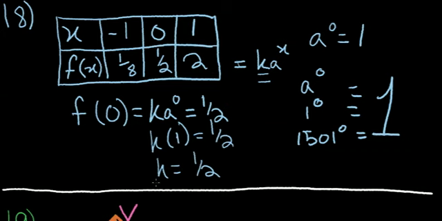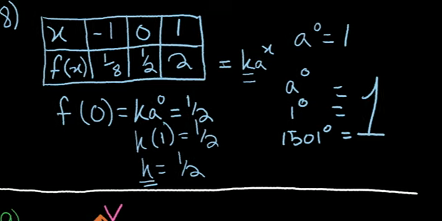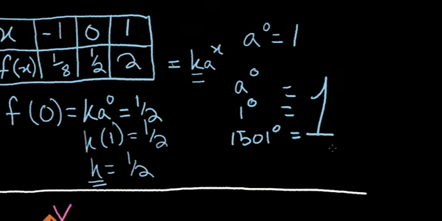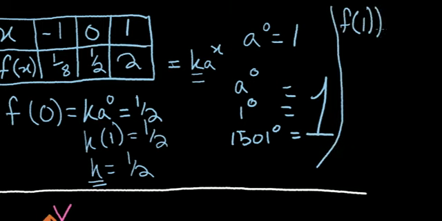So now that we found the value of k, we can plug it into another power, let's say to the power 1. So here, let's move a bit to the right. Okay, let's do f of 1. f of 1 is going to equal k a to the power of 1, which is just k a.